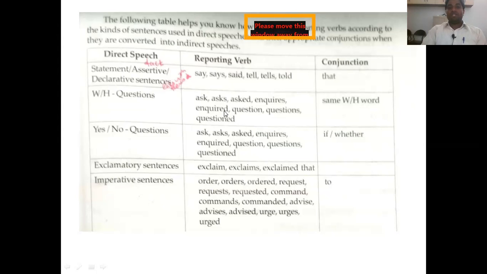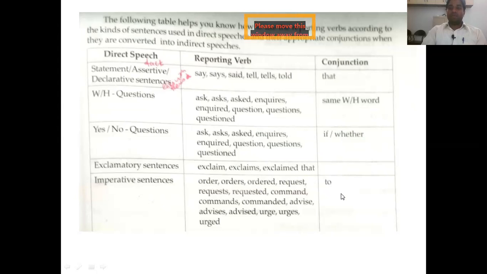We can use the reporting verbs order, orders, ordered, request, requests, requested, command, commands, commanded, advise, advises, advised, argue, argues, and argued. So these are the reporting verbs which can be used for imperative sentences in direct speech. In imperative sentences, the common conjunction is to.